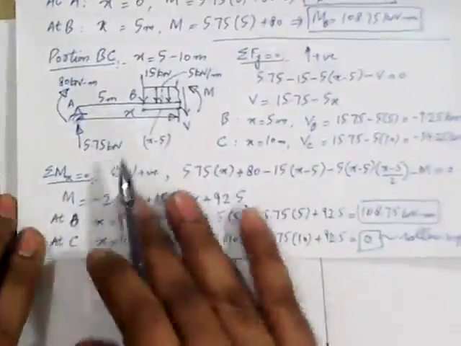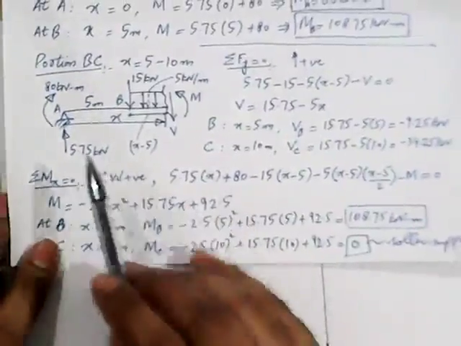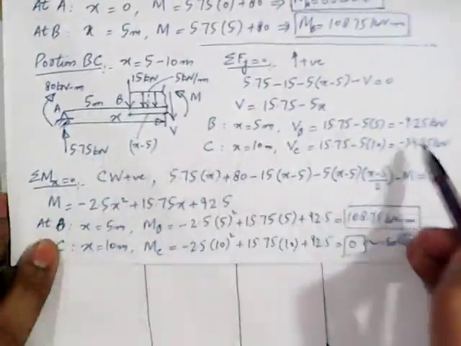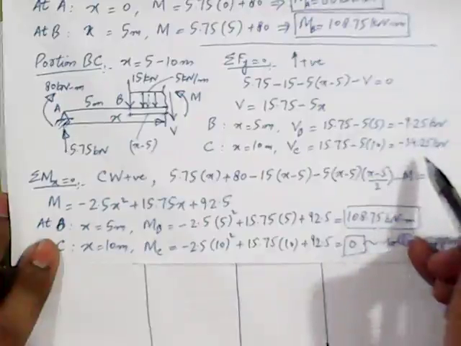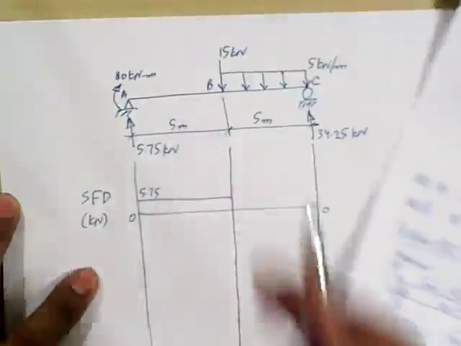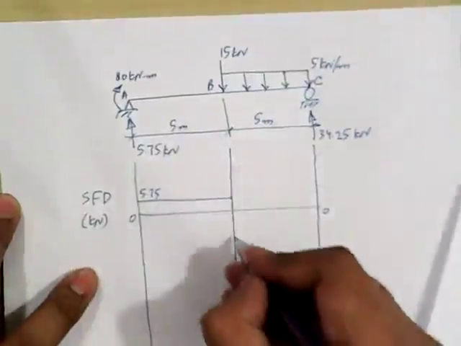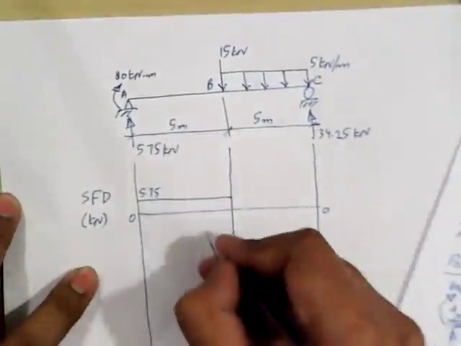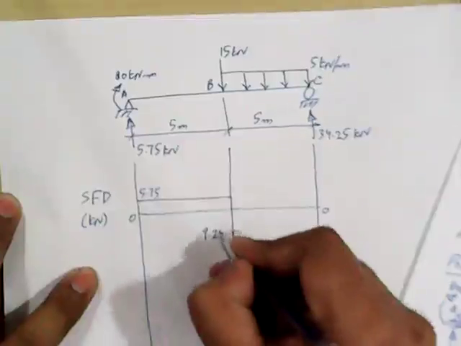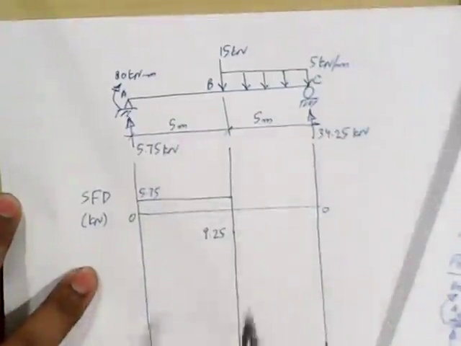In portion BC, the value of shear force is variable. At point B, it is minus 9.25 kilonewton, and at point C, it is minus 34.25 kilonewton.